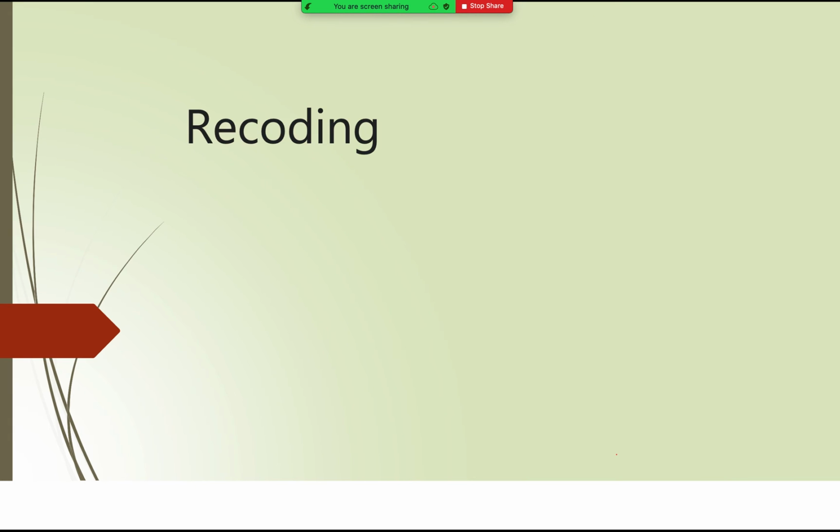So, recoding: while dealing with non-meaningful materials, one may be able to recode the items to be remembered in a more meaningful manner. The recoding may take many forms. For example, people may use the first letter of the items and make a sentence. This kind of narrative structure works as a cue.